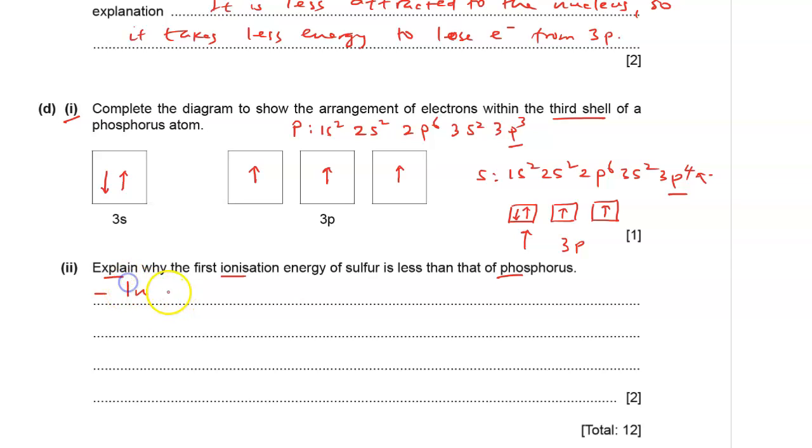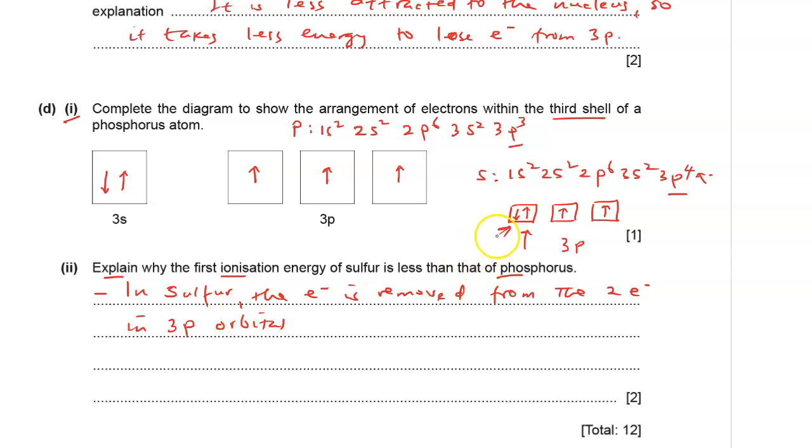So in sulfur, the electron removed for the first ionization energy is removed from the 2 electrons in the 3p orbital.